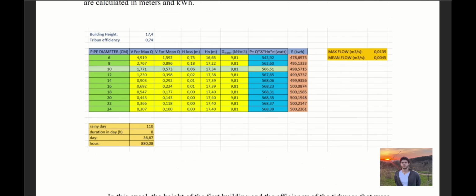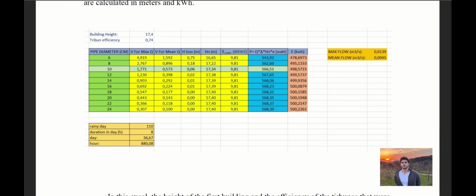And then gamma water is found as kilonewton over meter cubed. At the end of this information, we finally find the power of turbines by using Q, gamma water, Hn, and efficiency. Efficiency is found by Batuhan Mirza Kıvancı as 0.74. We found the power produced by the turbines.